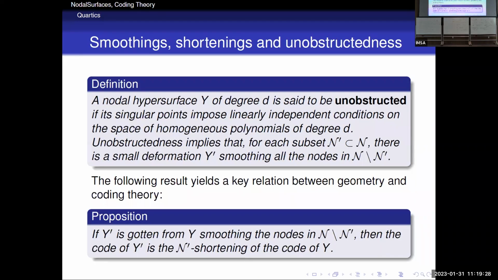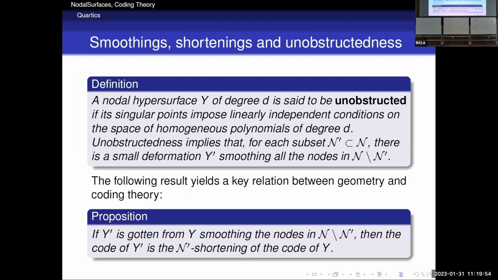And okay, this is something which I already said. A nodal hypersurface is unobstructed if the singular points impose linearly independent conditions on the homogeneous polynomials. Unobstructed means that whenever I have a subset N prime of the set of nodes N, there is a small deformation smoothing all the other nodes.